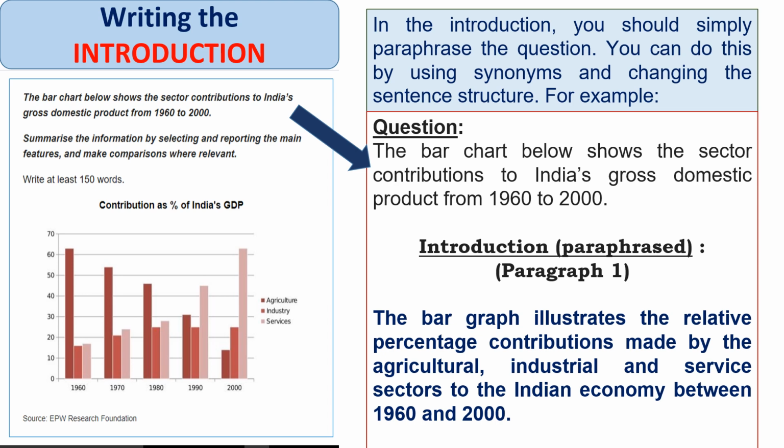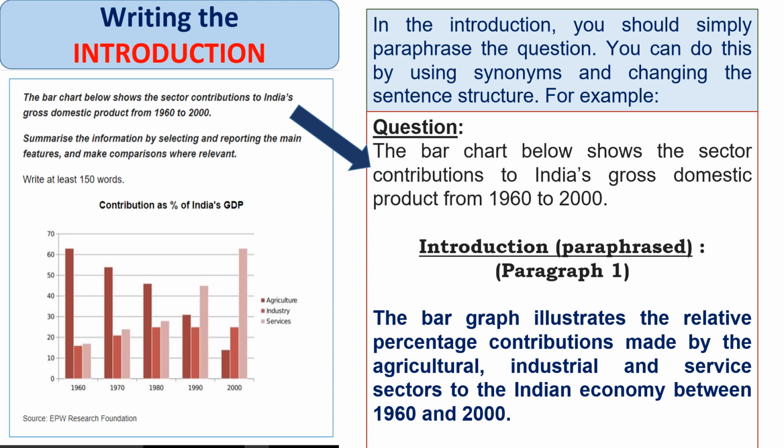Now, instead of contributions, sector contributions, mention the sectors. What are the sectors? Agriculture, industry, and service. So made by agricultural, industrial, and service sectors to the Indian economy between 1960 and 2000. I told you that when it is from and to, you will make it between and. Okay.